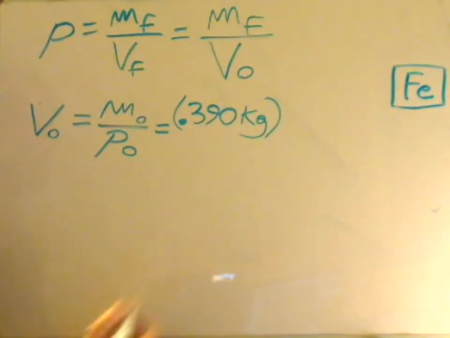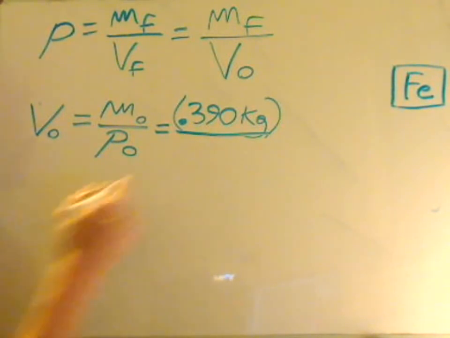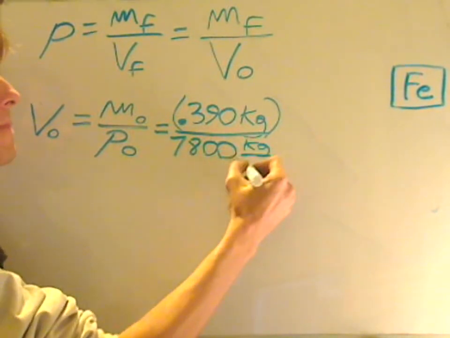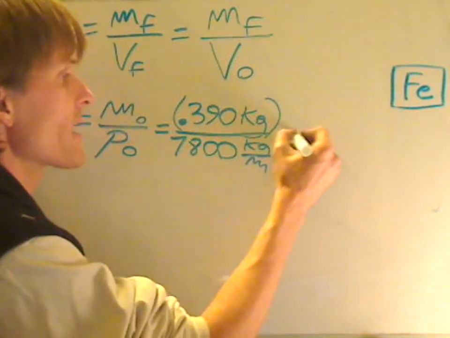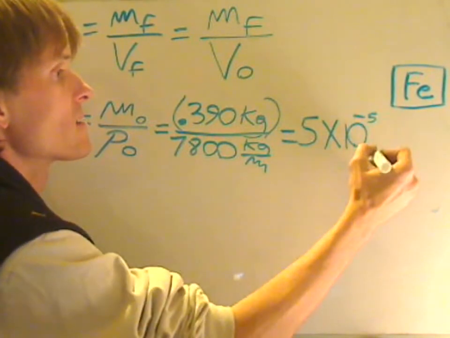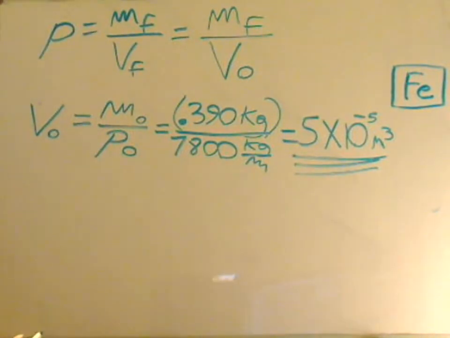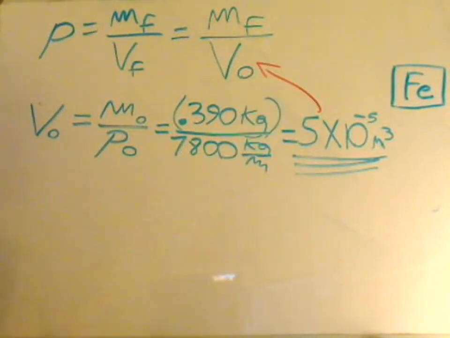The density of iron, you have to look this up somewhere, is 7,800 kilograms per cubic meter. So the volume you get is 5 times 10 to the minus 5 cubic meters. Okay, so that's going to go in to here in a little bit.